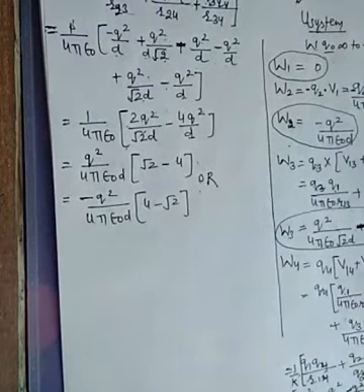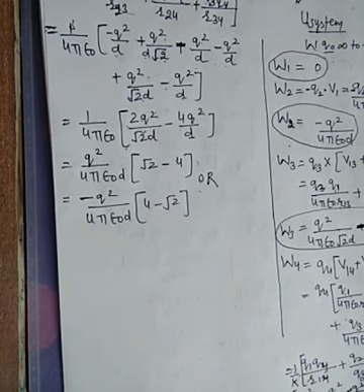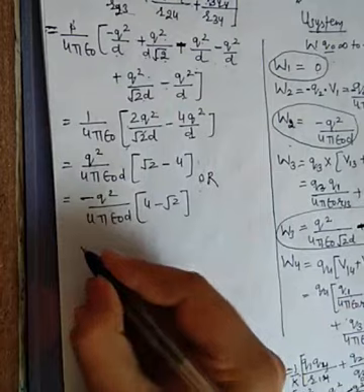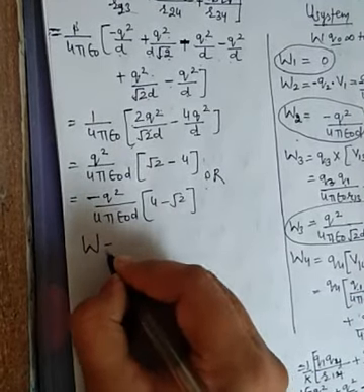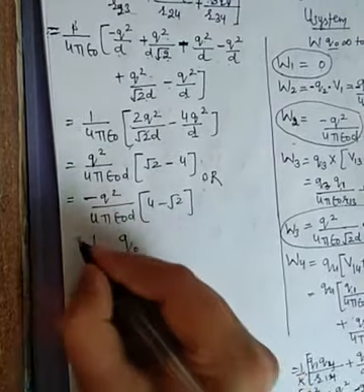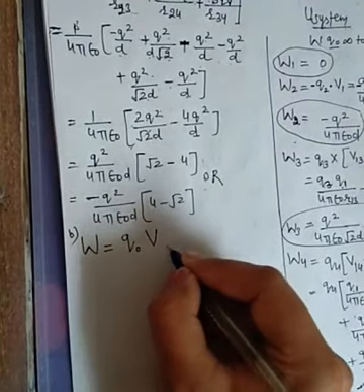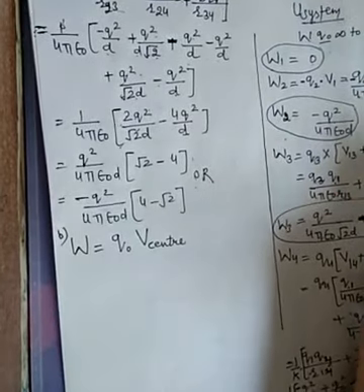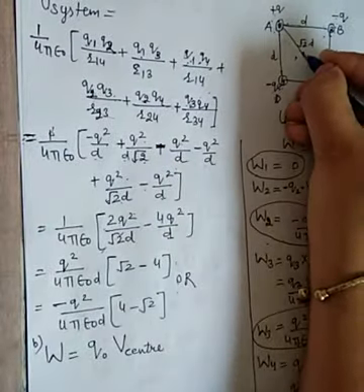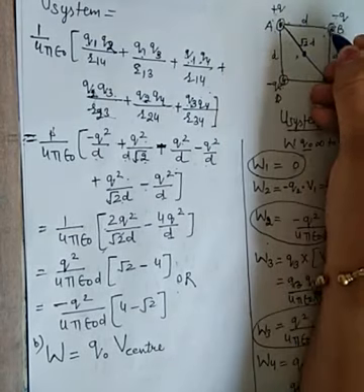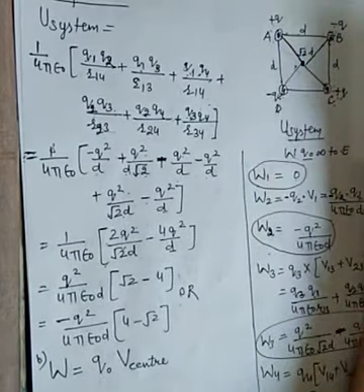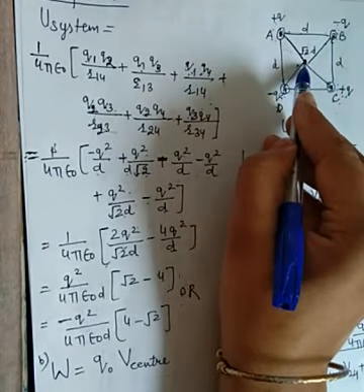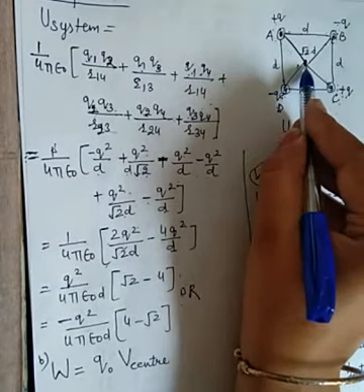Now in the second part, we have to calculate the work done when a charge Q naught is brought to the center of the square. What is the amount of work done to bring a charge Q naught at the center? So potential at the center due to all the charges has to be calculated. The center is at equal distance from all the four charges. So separation is same. Due to this charge, potential will be positive, and due to this charge, potential will be positive.